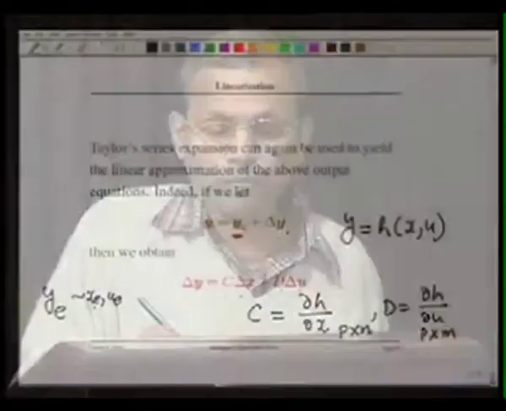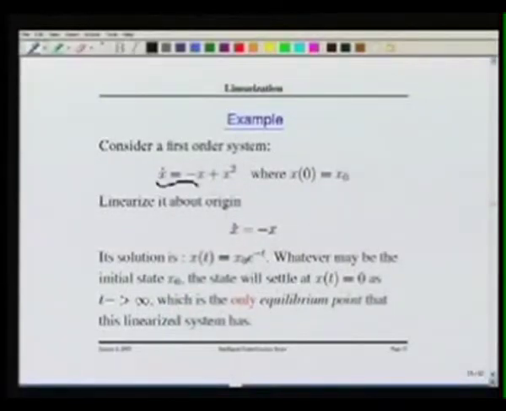Okay. So, let us take an example. We can see here a simple scalar differential equation. x is a scalar, simply one dimensional.